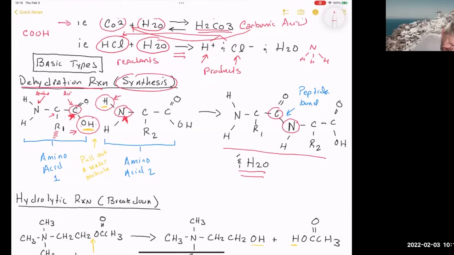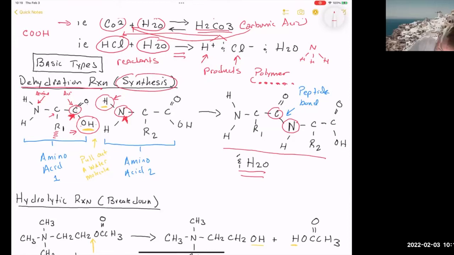And then we can add more and more amino acids to that. And that is something called a polymer. A polymer is where you have lots of molecules that you're combining together, long string molecules. It could be amino acids, it could be fatty acids, so on and so forth. So that's dehydration synthesis.